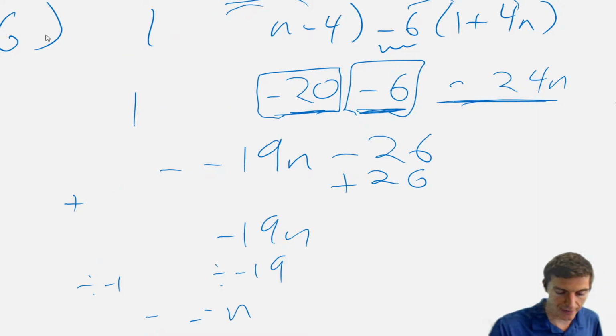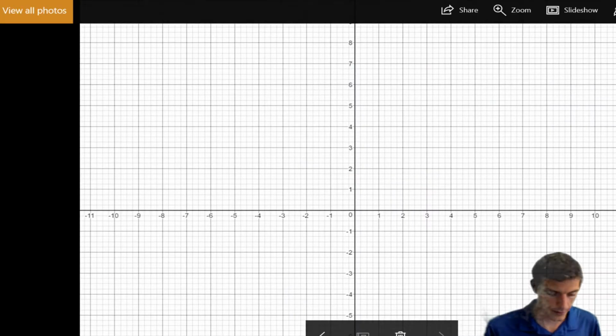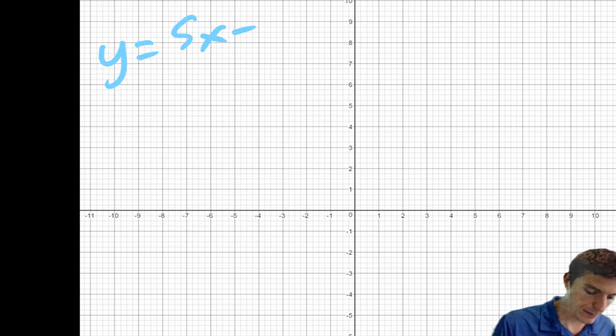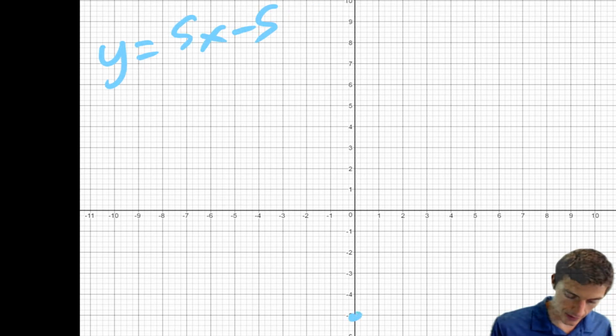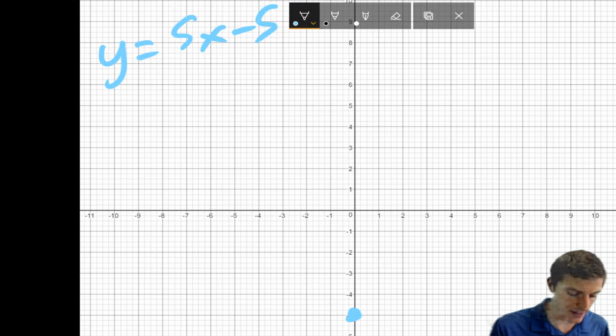So we had a couple of graphing problems that I wanted to do here real quick. The first graphing one was y equals 5x minus 5. So I always start with my y-intercept value. This is going to tell me where to begin. And then I'm going to use my slope to find all the rest of the points.